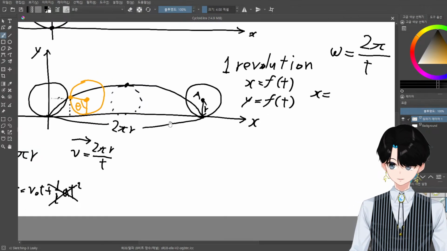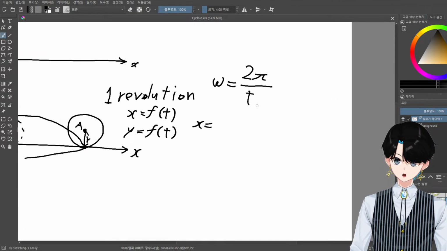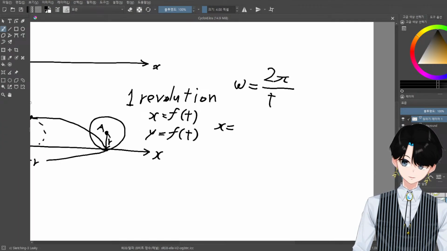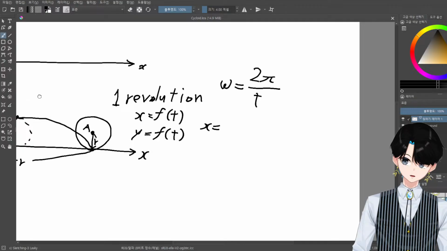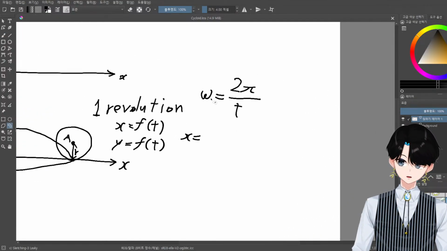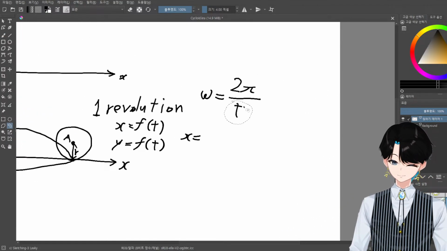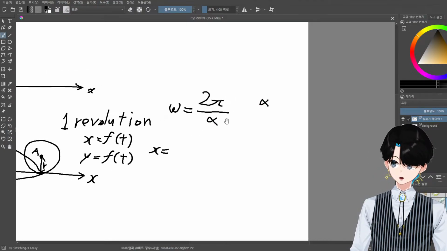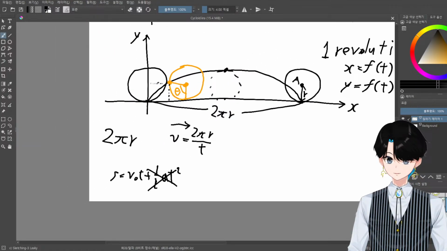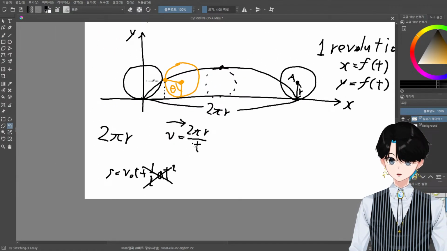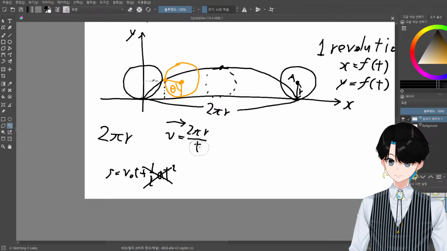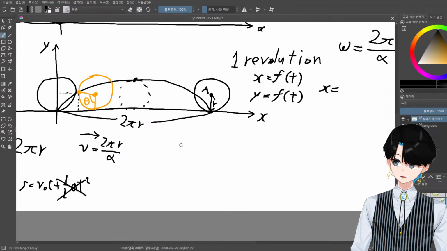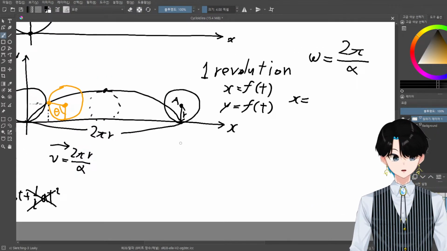This is kind of confusing. I'm gonna change the t into alpha. Alpha is the total time it takes to make one revolution.